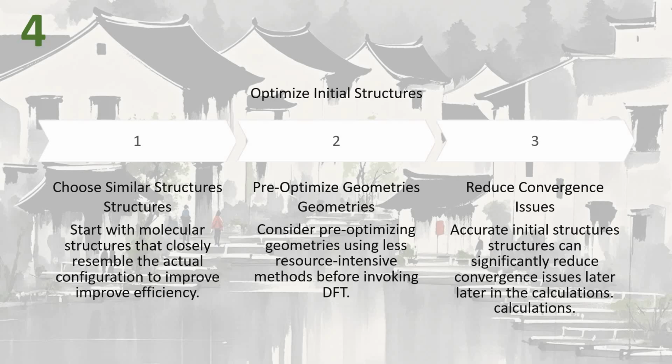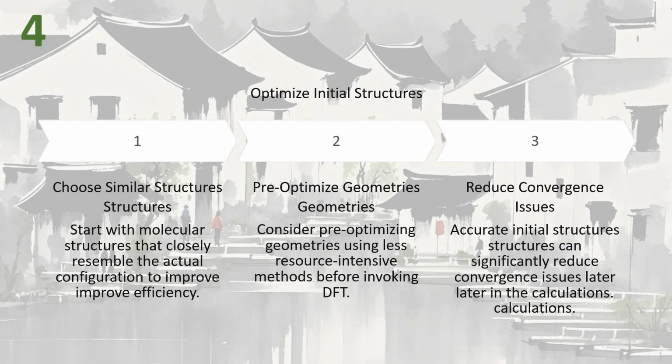And the fourth one is optimize initial structure, meaning that make the initial structure as close to the actual structure as possible. The initial molecular structure is significant in the DFT and other electronic structure calculation. So always try to start with a structure that is as close as possible to the real structure.